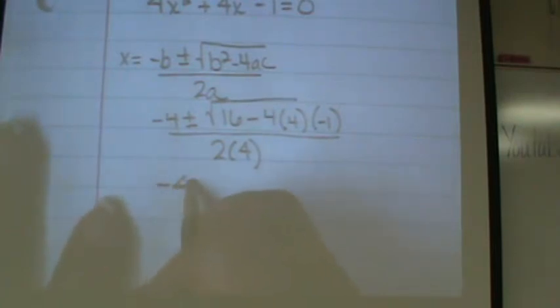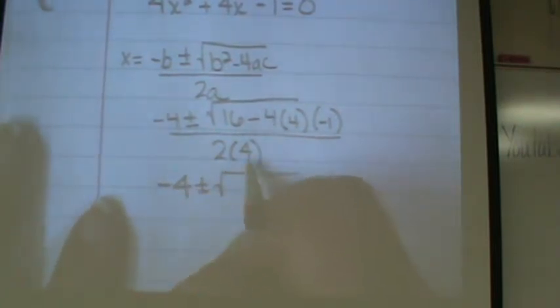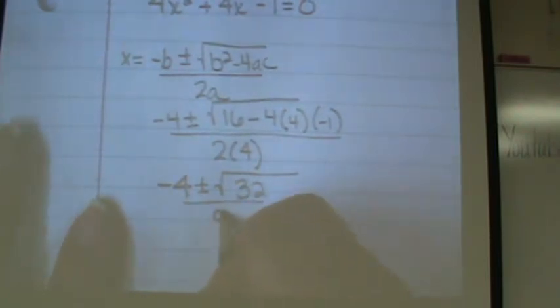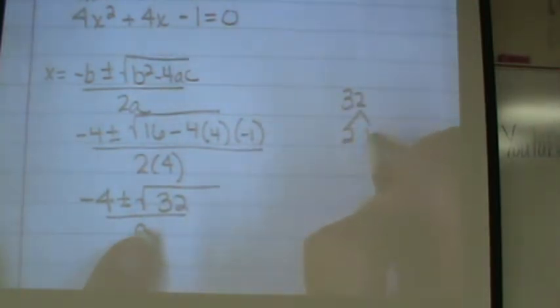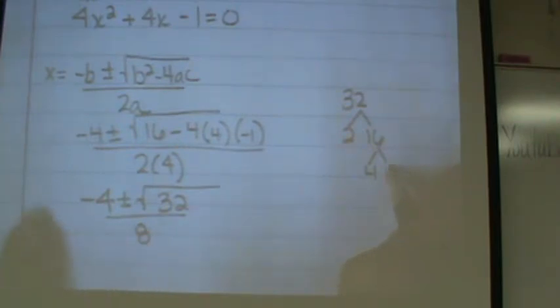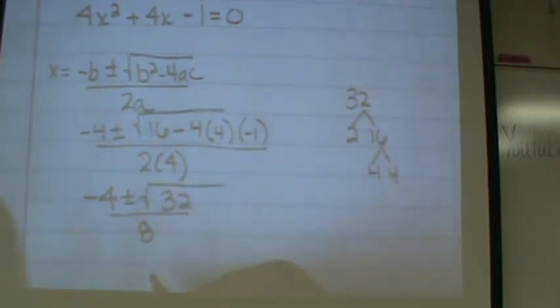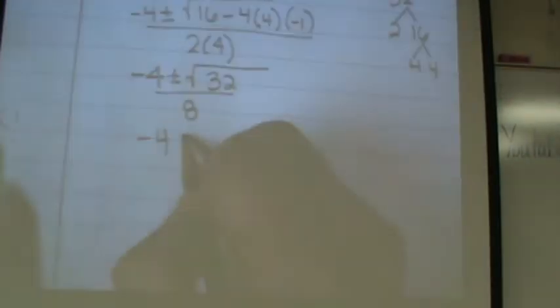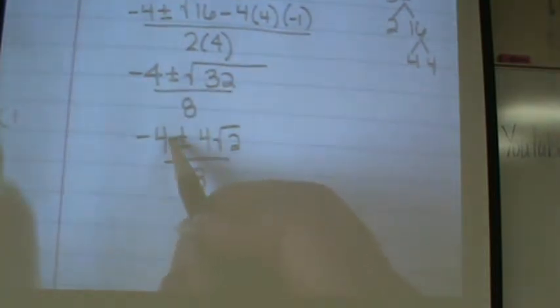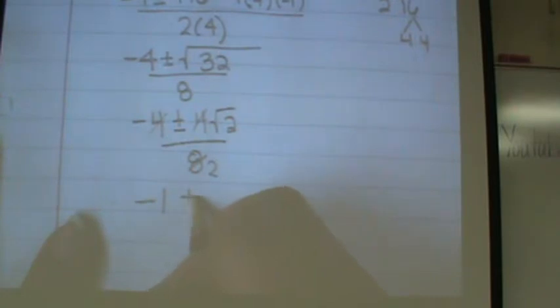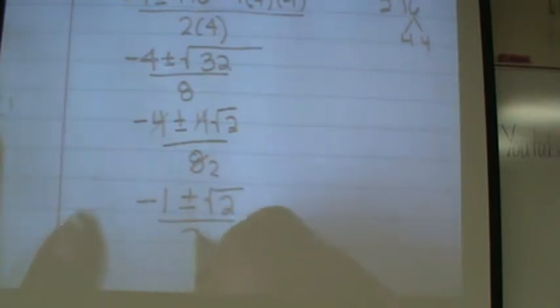So we get negative 4 plus or minus the square root of 16 plus 16, which is 32, all over 8. Now 2 times 16 is 32, and this is 4 times 4, so this is going to be 4 root 2 over 8. You can simplify, the 4's cancel, and you get a 2 down here, so negative 1 plus or minus root 2 over 2 is your answer.